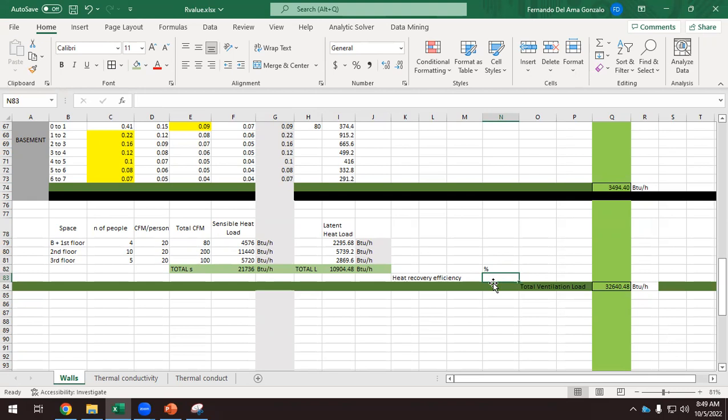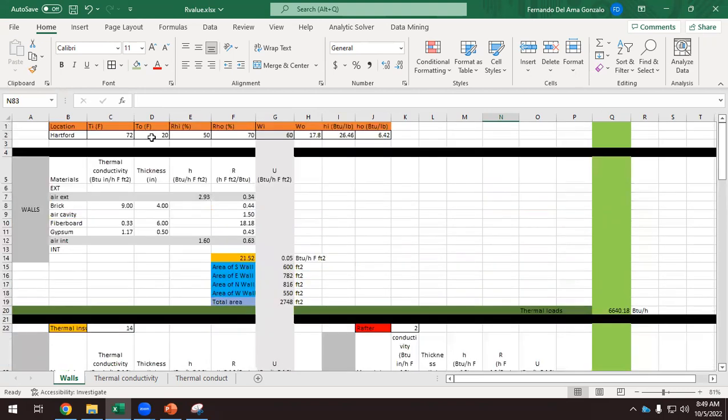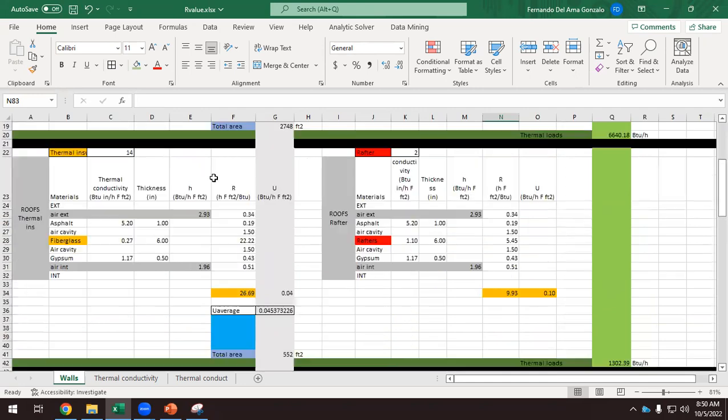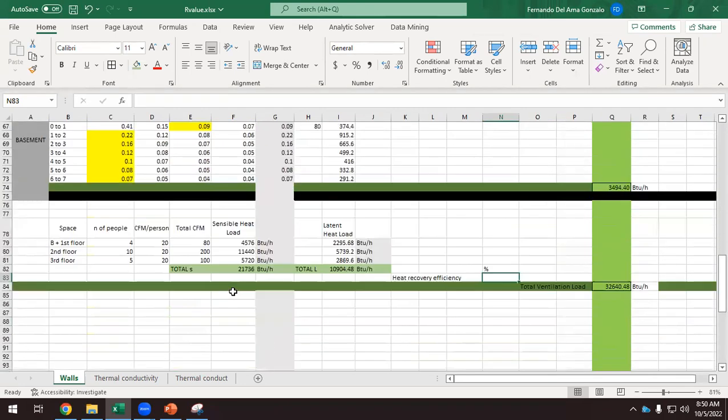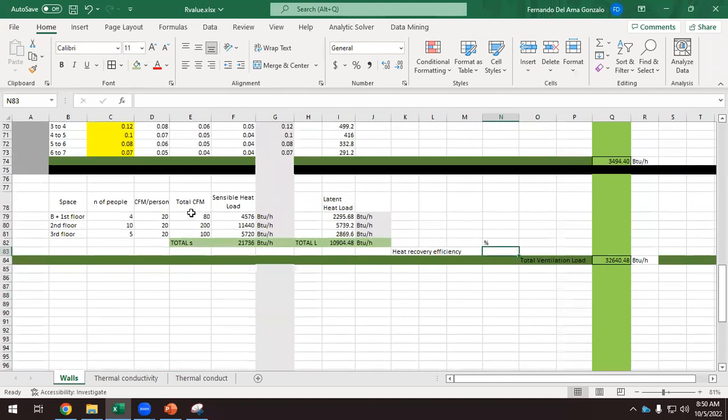And okay, I have these conditions. This is the outdoor temperature. This is the indoor temperature, the outdoor relative humidity, the indoor relative humidity. What do you recommend? And this is the airflow. Another important thing for heat recoveries is the airflow, the total CFM that we have here. What would you recommend? Okay, so based on this building in this area, with this temperature, with this occupancy, with this airflow, I recommend you this.